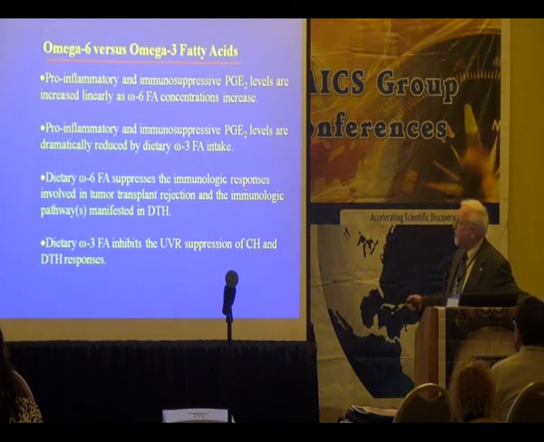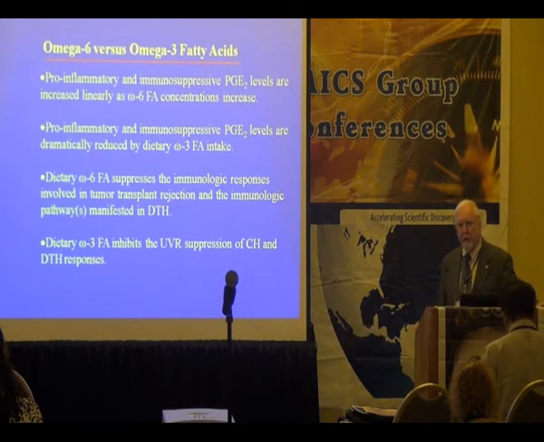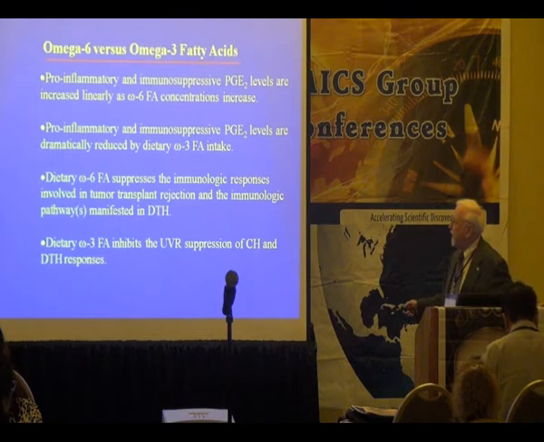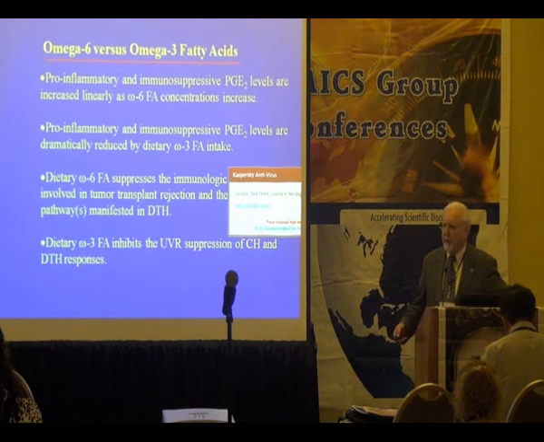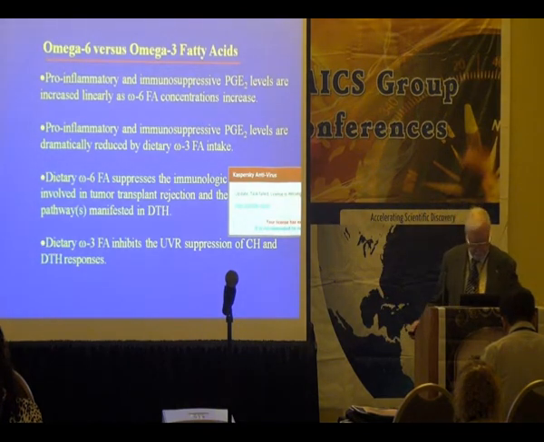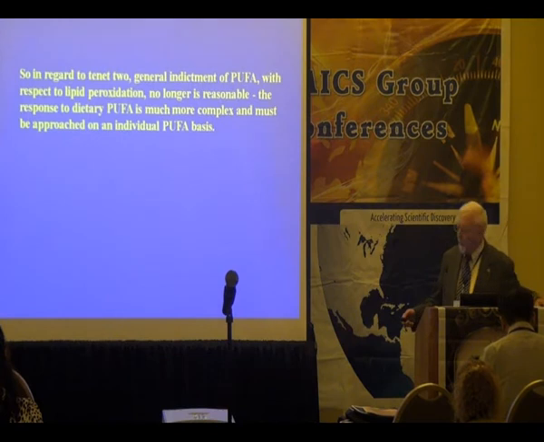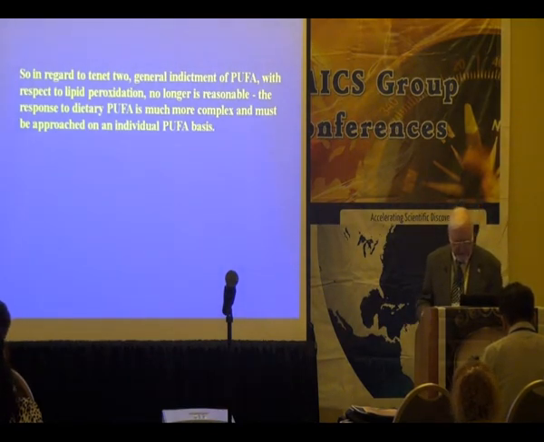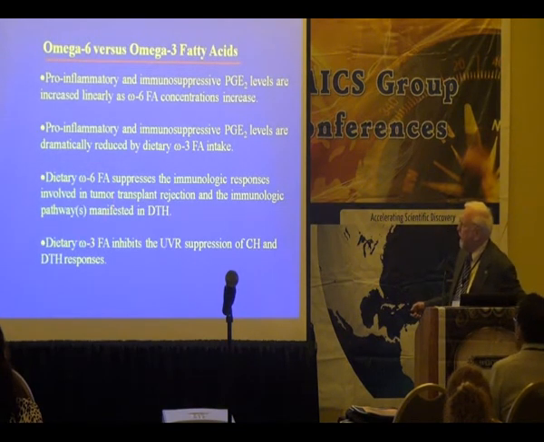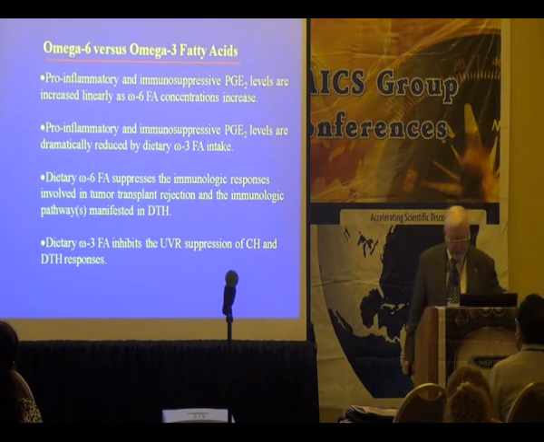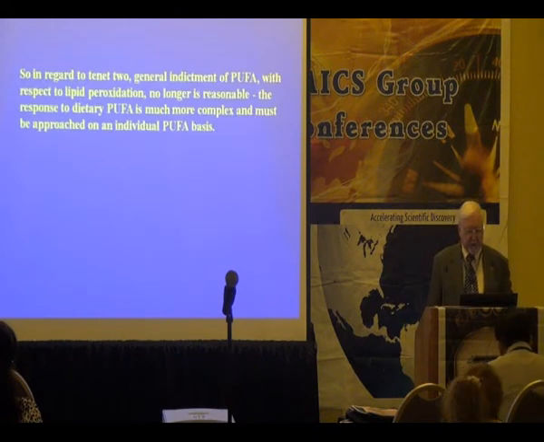Omega-6 suppresses the immunologic responses involved in tumor transplant rejection, and the immunologic pathways manifested in delayed type hypersensitivity and also in contact hypersensitivity. Let's see if I can go back here. And dietary omega-3 fatty acids inhibit UVR suppression of contact and delayed type hypersensitive responses.